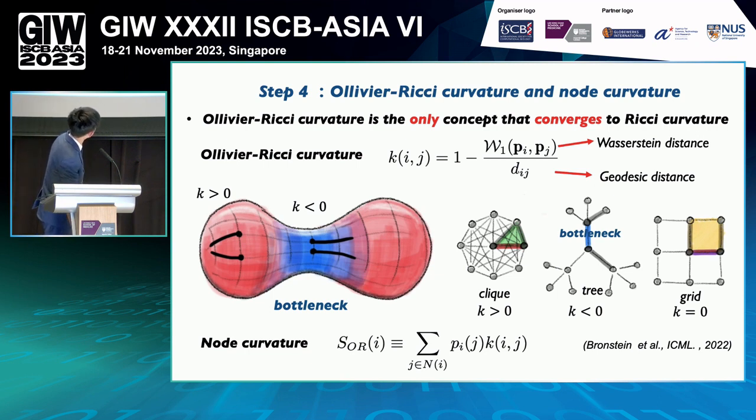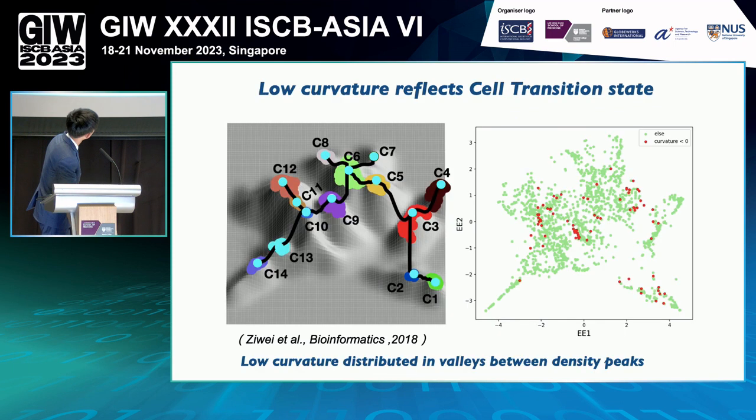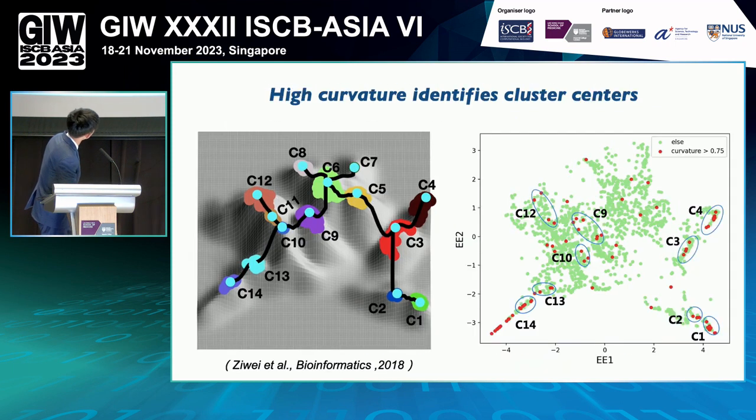The positive curvature means the clique. According to the density path paper, they cluster the cells into 14 clusters.